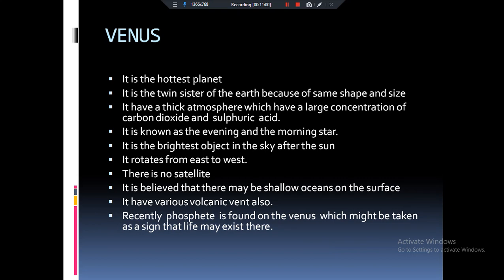It is the hottest planet of the solar system because its atmosphere has a huge amount of carbon dioxide and sulfuric acid. So, if we entered the atmosphere of Venus, we would just get burned. And this is one of the reasons why life can't exist on Venus.